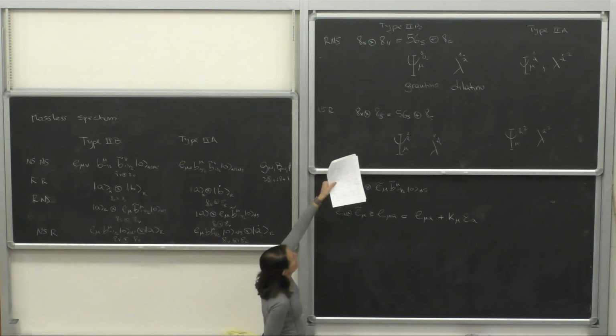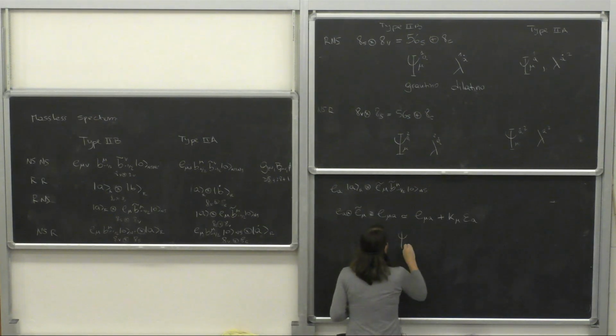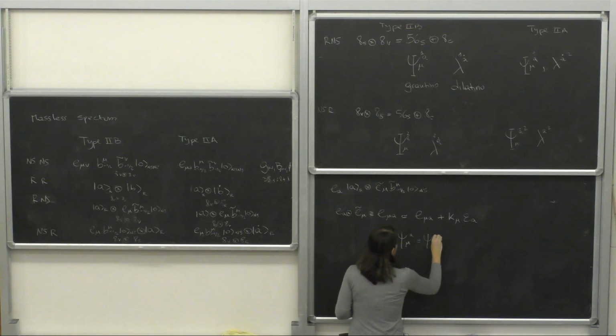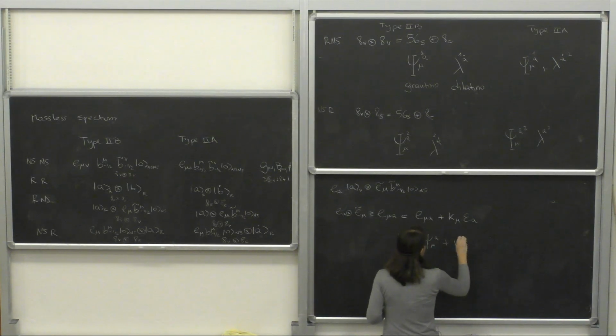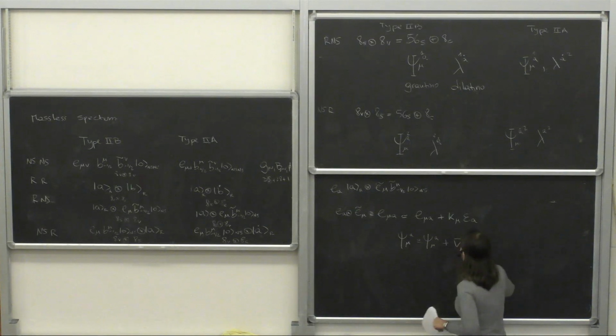So if we go to the field, the gravitino, this is saying that psi mu A is equivalent to psi mu A plus d mu epsilon A. Well, A up, so down.